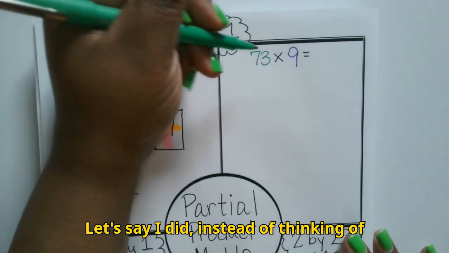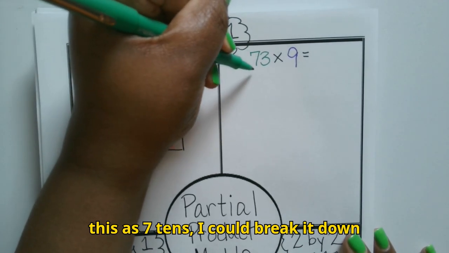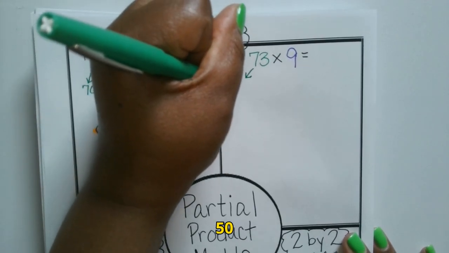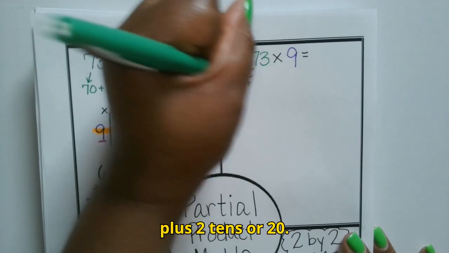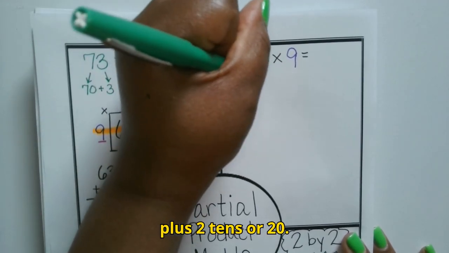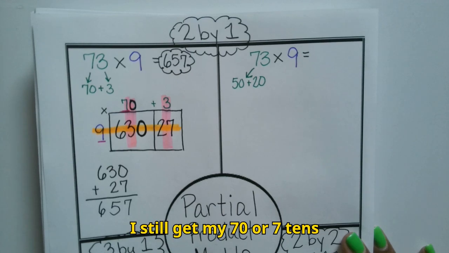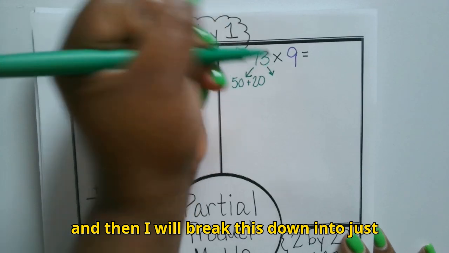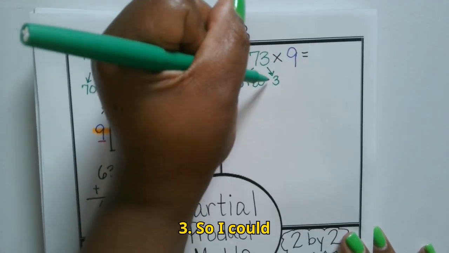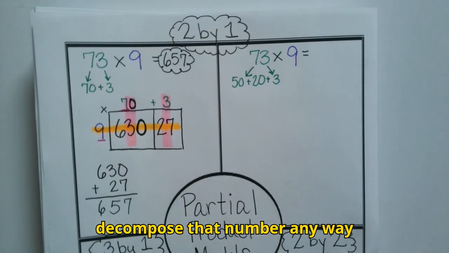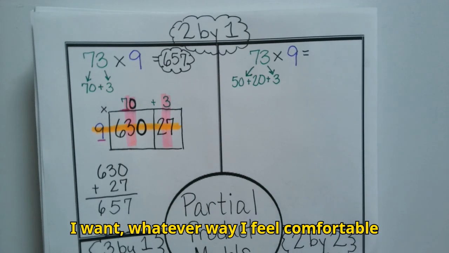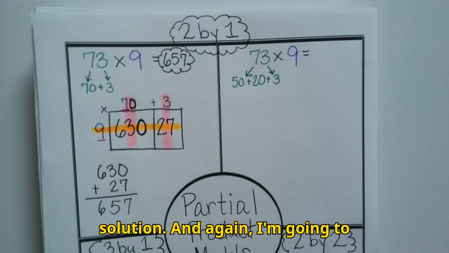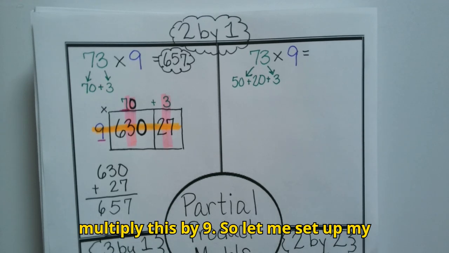Let's say I did, instead of thinking of this as 7 tens, I could break it down even more into 5 tens or 50 plus 2 tens or 20. I still get my 70 or 7 tens, and then I would break this down into just 3. So I could decompose that number any way I want, whatever way I feel comfortable with, and still come up with the same solution. And again, I'm going to multiply this by 9.